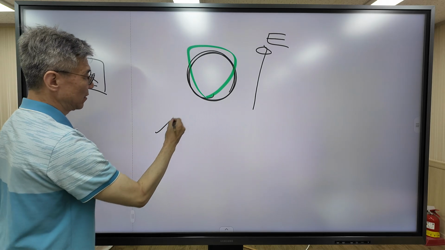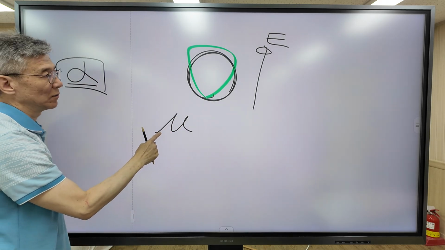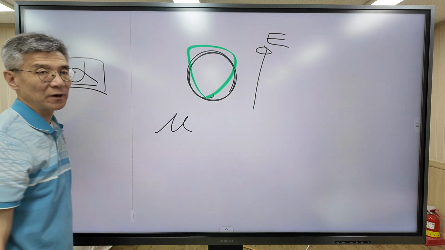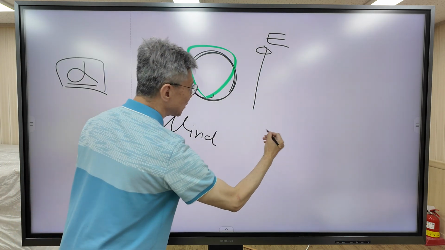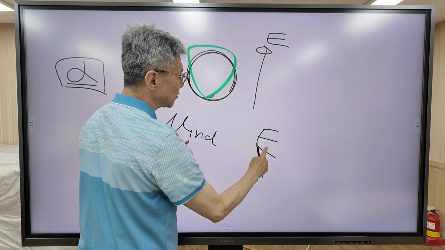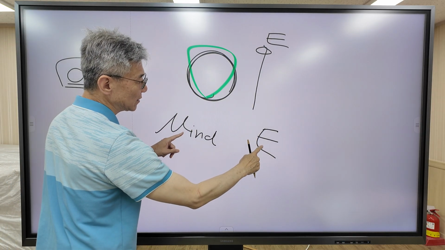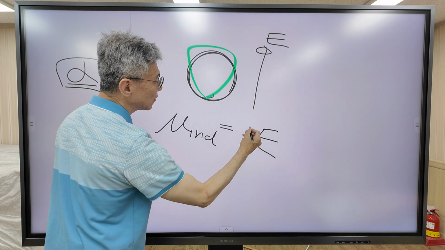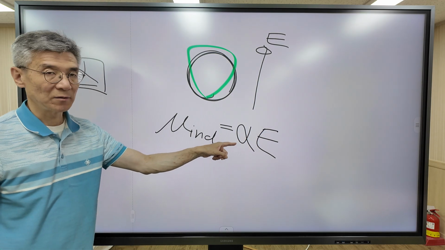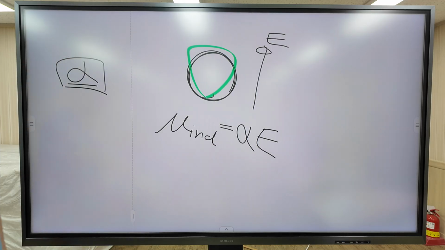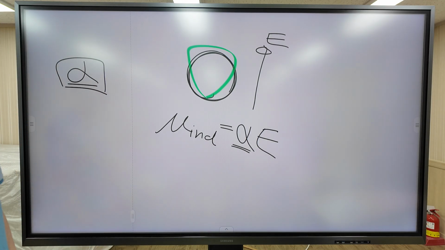So an induced dipole moment is created due to the applied electric field. The magnitude of the induced dipole moment is proportional to the strength of the electric field. The two quantities are connected by the proportionality constant alpha. This is called polarizability.